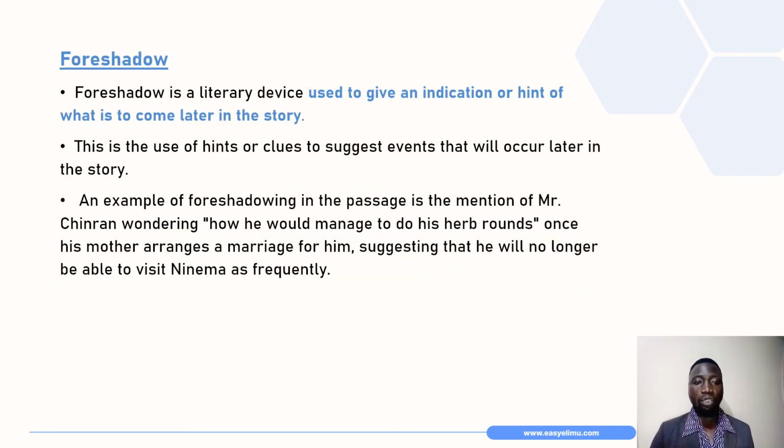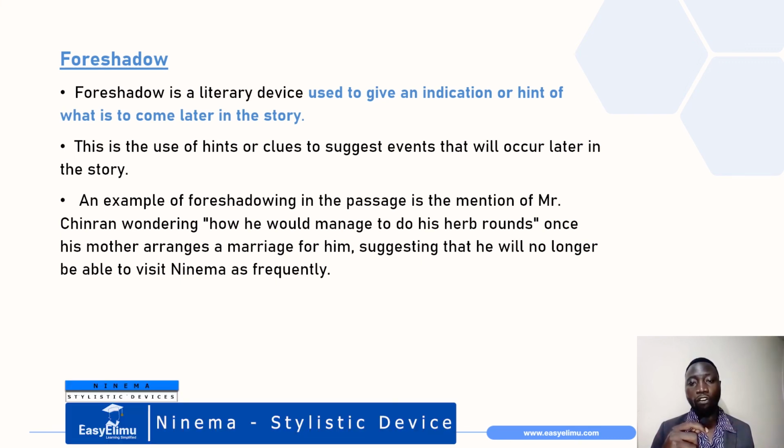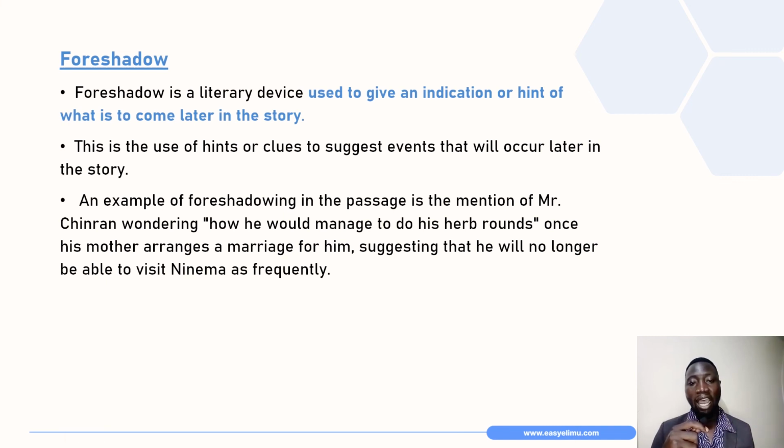So on to the next style, that is foreshadowing. Remember, foreshadowing is a style that gives hints or clues to suggest events that will occur later in the story. So in the story, there is the mention of Mr. Chindran wondering how he would manage to do his herb rounds once his mother arranges a marriage for him, suggesting that he will no longer be able to visit Ninema as frequently.